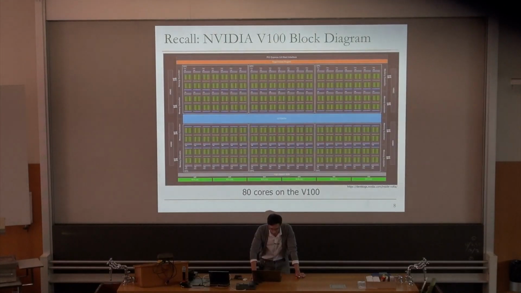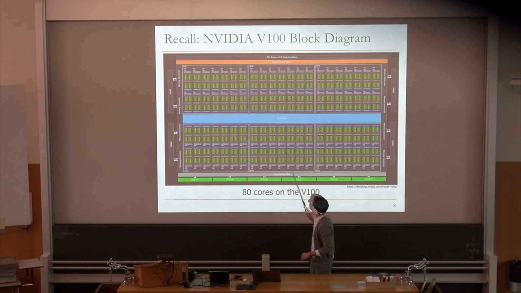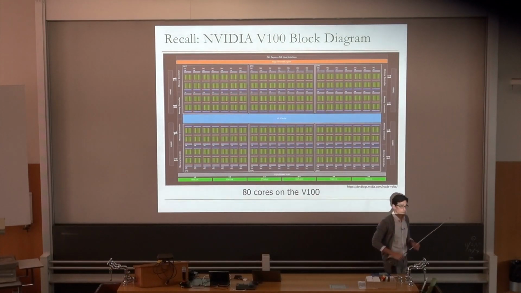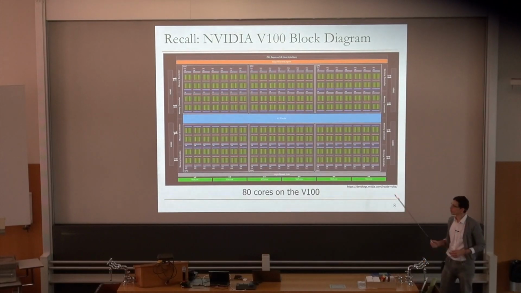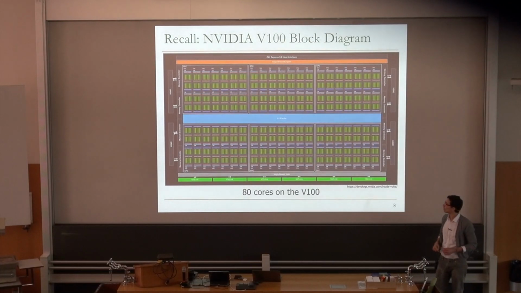This is an overview, a block diagram of the V100, and as you can see in the slide, the V100, as any other GPU, is composed of many blocks that are called streaming multiprocessors in NVIDIA terminology. They are called compute units, for example, in AMD GPUs, and we can simply call them SIMD units.